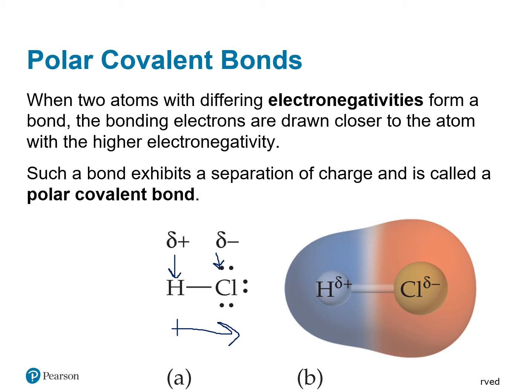That's what is shown in part B here, figure B. This is actually an electron model, or electrostatic potential diagram, where you see this unequal distribution of electrons. Chlorine has more electron density than hydrogen, and that's why chlorine is delta negative and hydrogen is delta positive. And this color, blue versus red, is also giving you the same information.